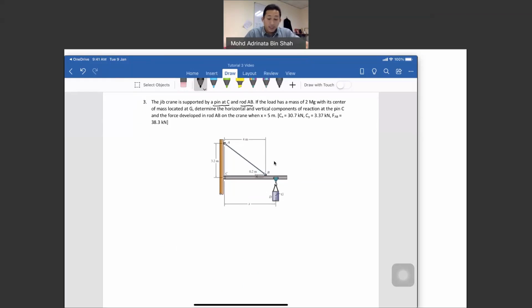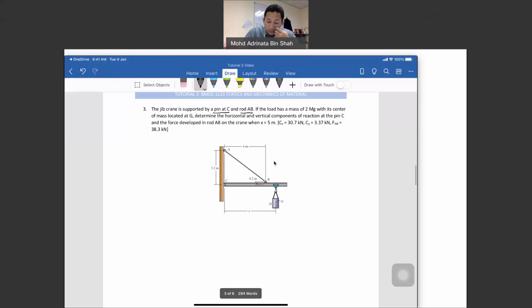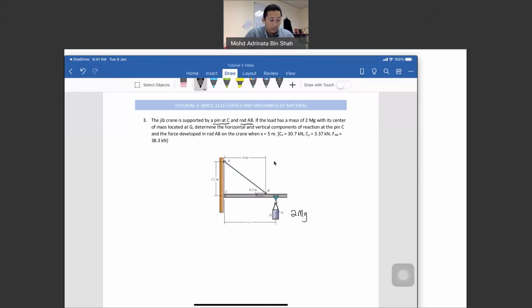If the load has a mass of 2 megagram with its center of mass G, determine the horizontal and vertical components at the pin C, Cx, Cy, and the force developed in rod AB, FAB, or we have a tension TAB, on the crane when X equals to 5 meter. This is 5 meter. So, free body diagram.